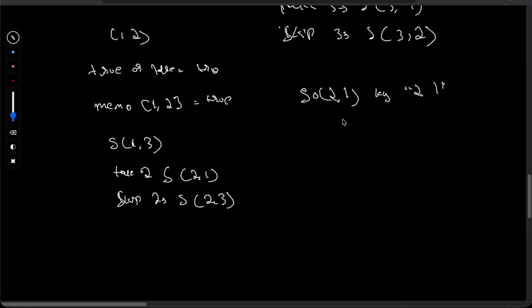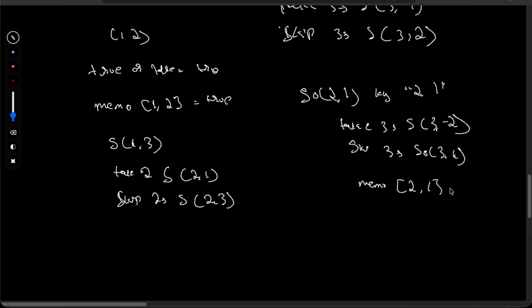We compare. If we take 3, solve of 3 with negative target is out of bounds, and if we skip 3, it's solve of 3, 1. So in memo, 2, 1 will store false.